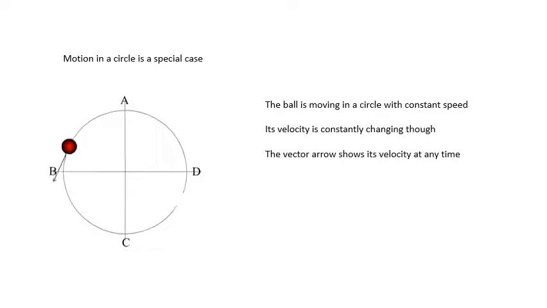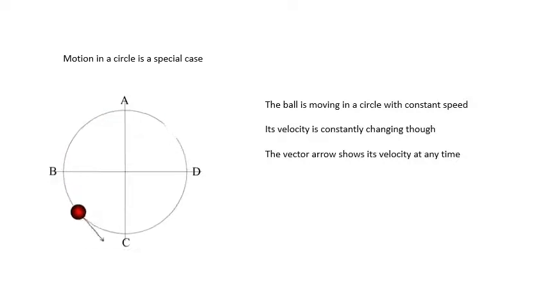Now, motion in a circle, it's a special case. Later on, we're going to talk about satellites. Satellites are an example of something moving with what we call uniform circular motion. Now, this ball is moving in a circle and its speed is constant. The speed of the moon going around the Earth is approximately constant, but its velocity is changing all the time.